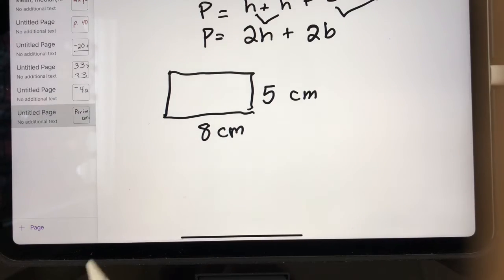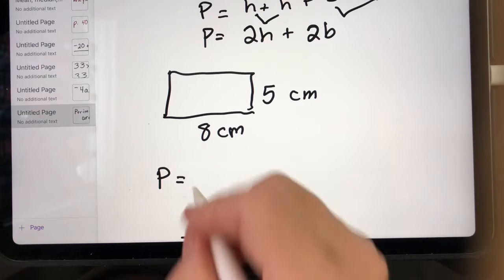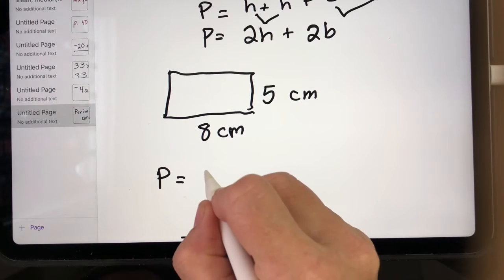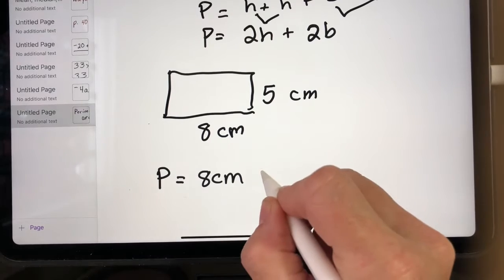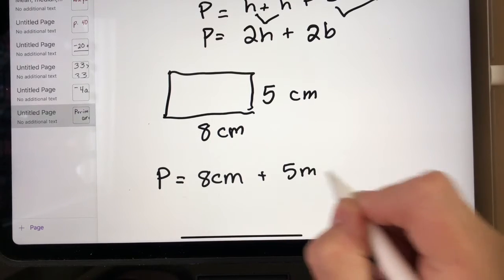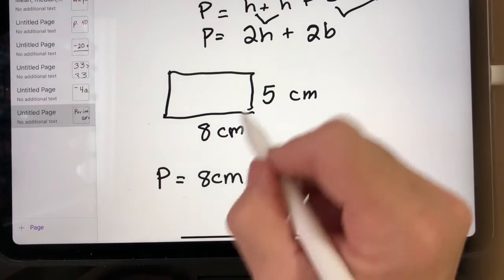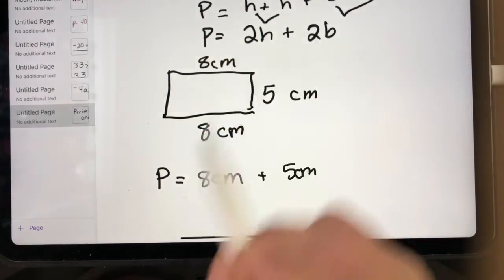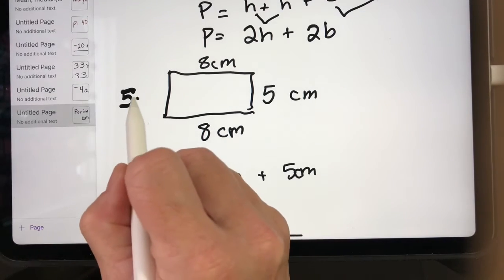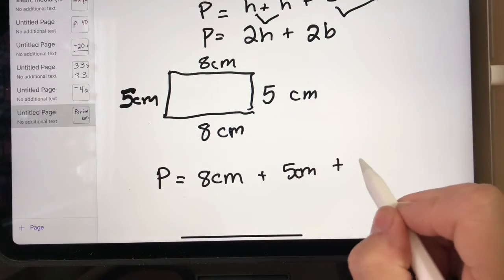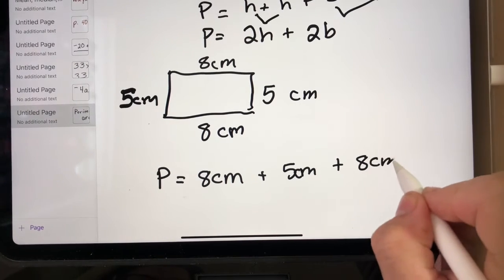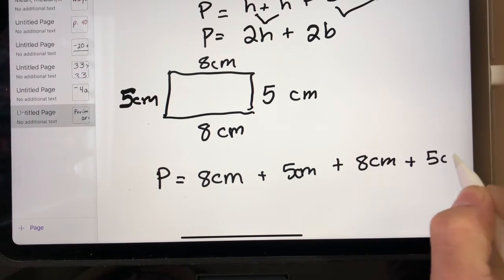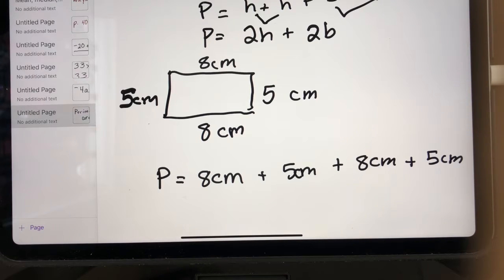P equals 8 centimeters plus 5 centimeters. Well, wait a minute. I've got to do all 4 sides, don't I? 8 centimeters plus 5 centimeters plus 8 centimeters plus 5 centimeters, right? What I really want to see is that you're including those centimeters in there.